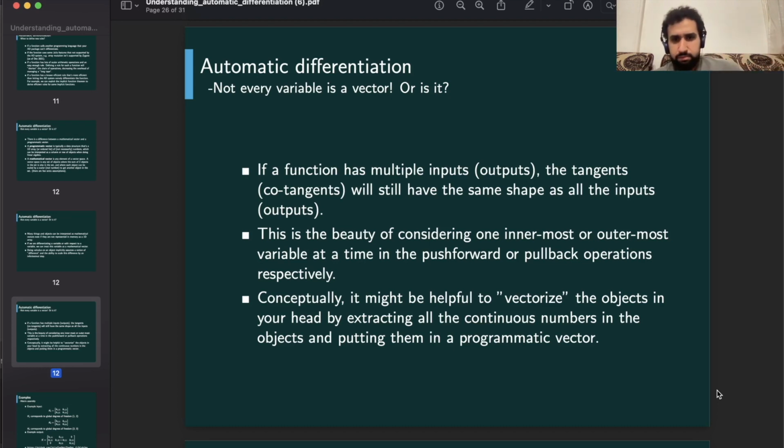So once again, this is the beauty of the single innermost or outermost variable in the pushforward or the pullback operations, which are the operations used to propagate tangents or derivatives forward, or cotangents or derivatives backward.